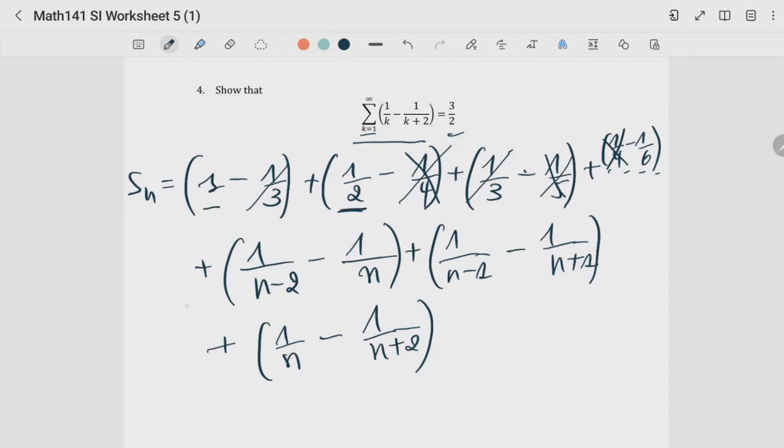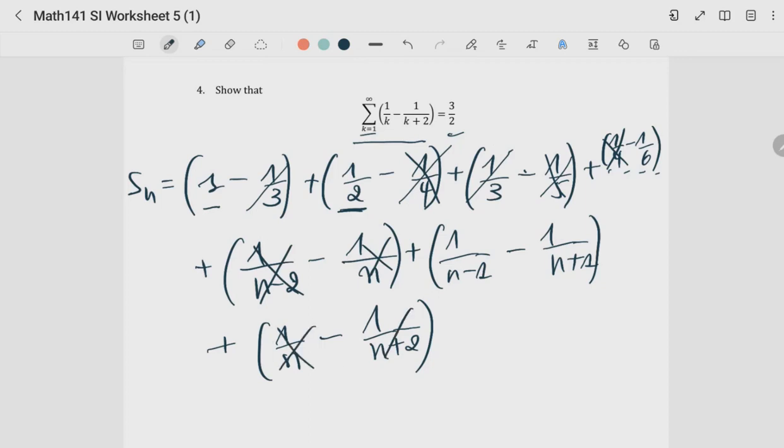And if you continue doing that along the way, you will see that of all the terms that will remain, all the other terms will be cancelled, obviously.